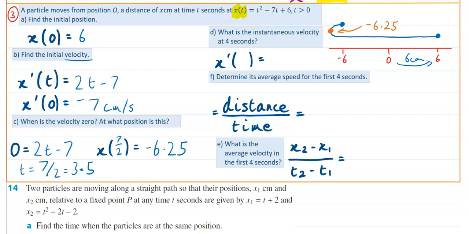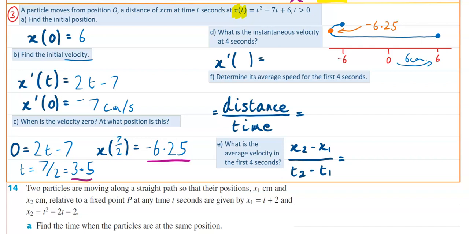So let's just talk about what's occurring here. What we found is it started at this point here, 6 centimeters to the right of the origin. It then moved 12.25 centimeters to get to this point here. So that means after 3.5 seconds, it was at negative 6.25. So that's an important point. And we haven't found this yet, but it's going to come up in a little bit.